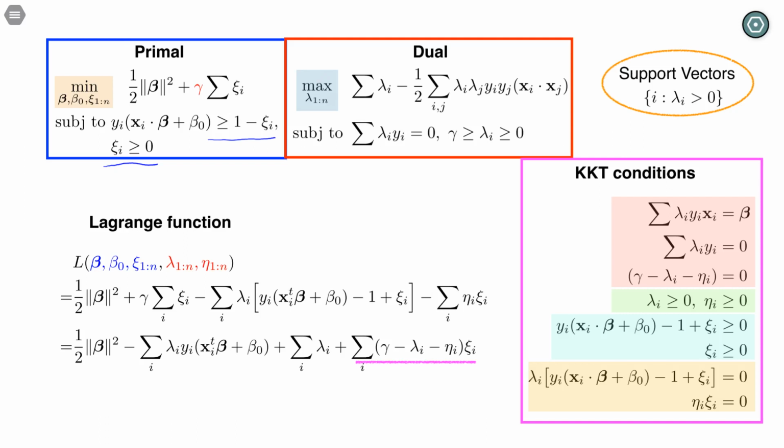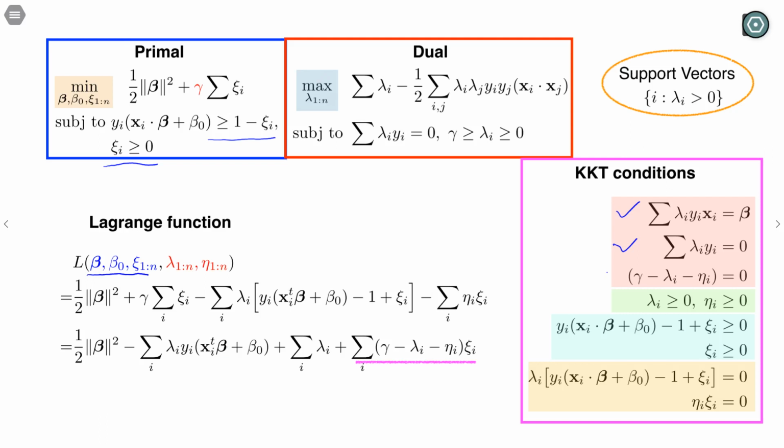For the first group of conditions, we take the Lagrangian function, take the derivative with respect to each of the three blue parameters, and set them to 0. So this is the derivative of the Lagrangian with respect to beta, and with respect to beta 0. They are the same as in the hard margin problem because beta only appears here and here, and beta 0.